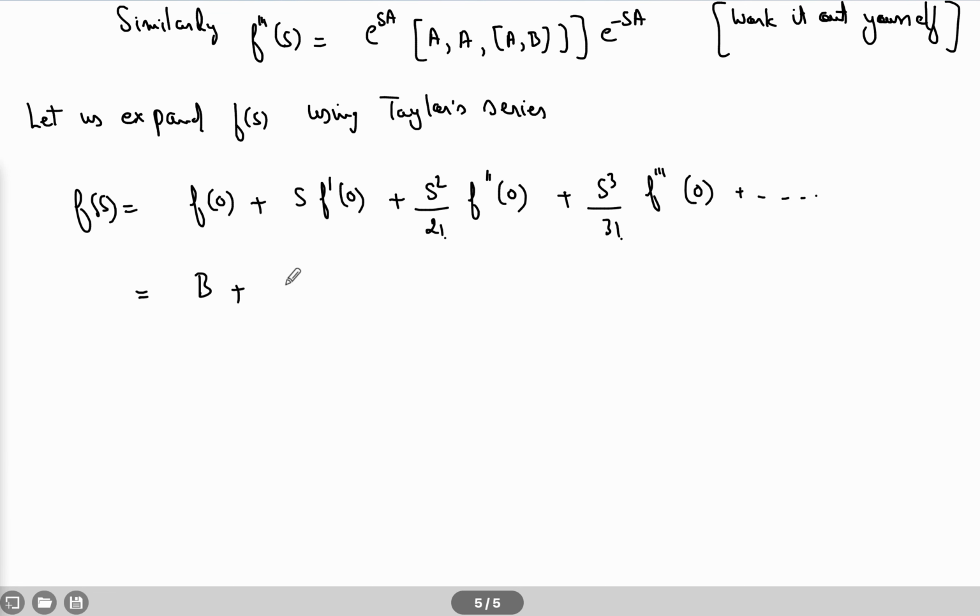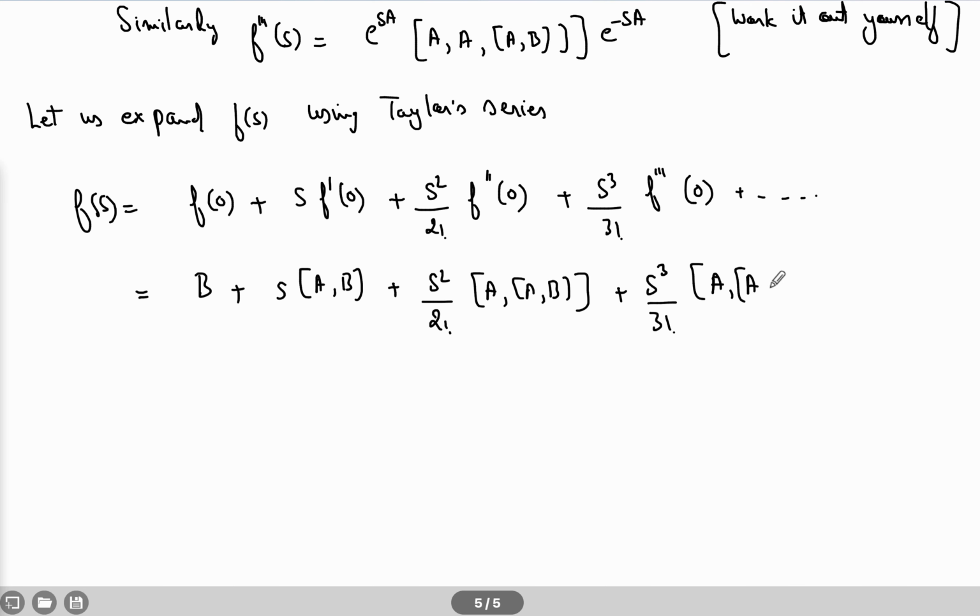So that means s times the commutator a comma b. Similarly, this will be s square by 2 factorial times the double commutator a, a, b, s cube by 3 factorial times the triple commutator between a and b, and so on, right? So this is fs.